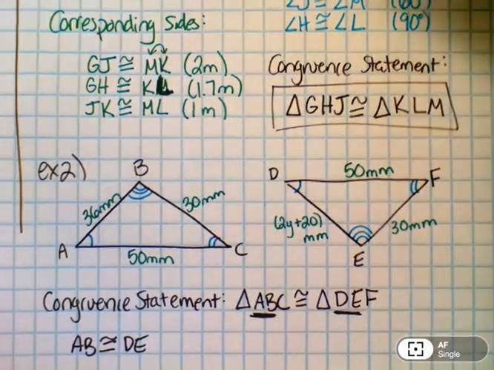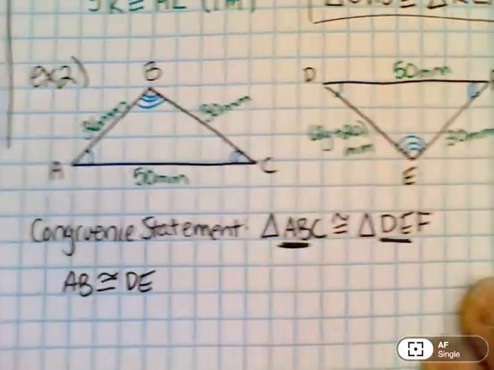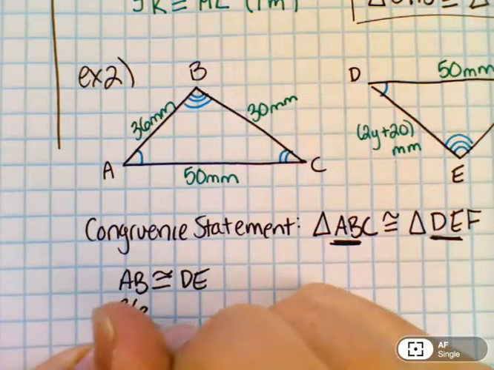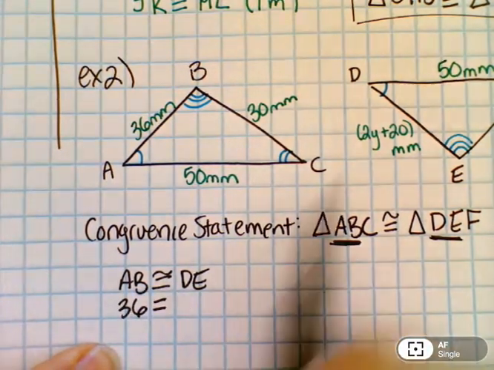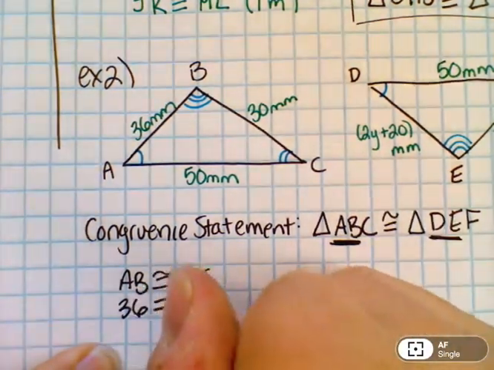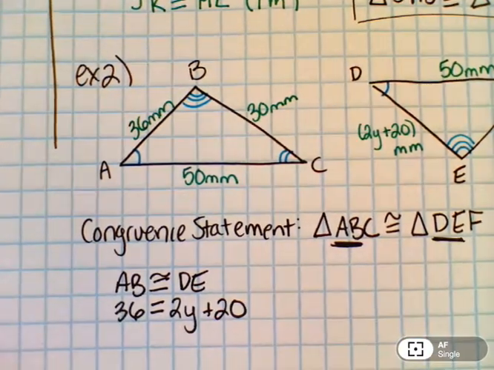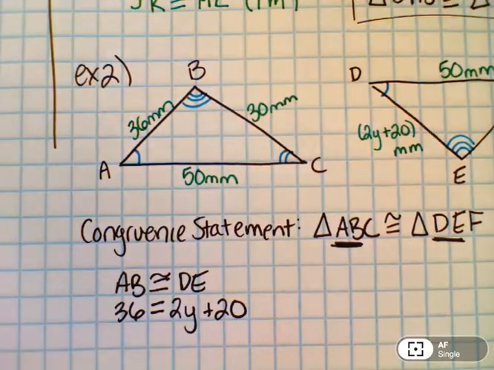So I can now figure out what Y is by setting up an equation. AB is 36 millimeters, and that must be equal to DE, which is 2Y plus 20. So we can solve that equation to figure out what value of Y would make these triangles congruent. So go ahead and do it.